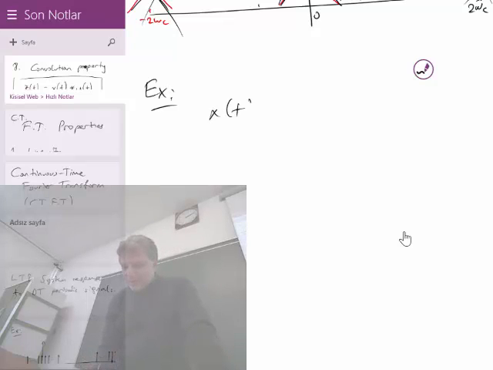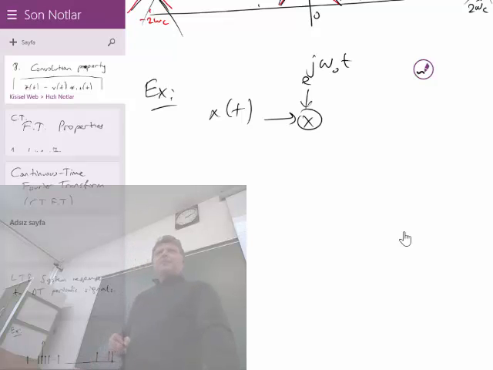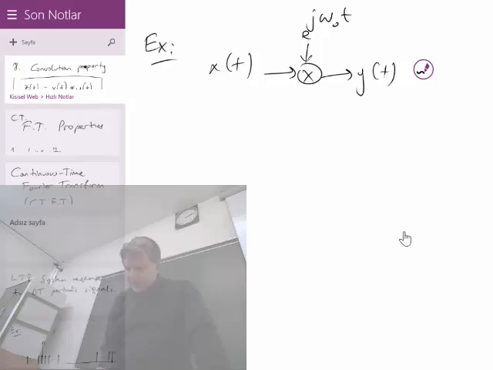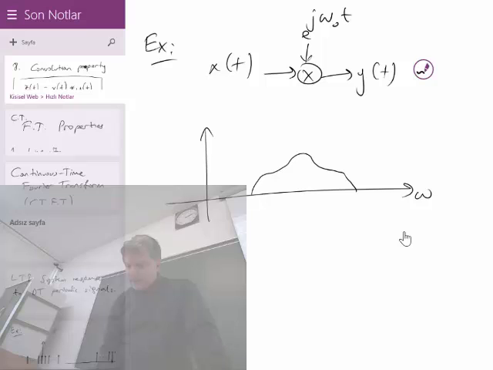So if you have a signal, you can first modulate it by multiplication with e to the j omega 0 t, and you have y of t. Suppose your signal's Fourier transform is a band-pass signal like this, where this is omega 0.